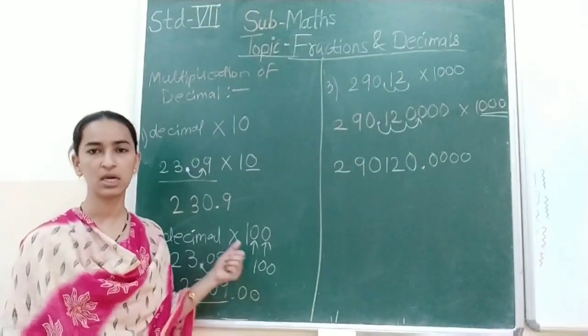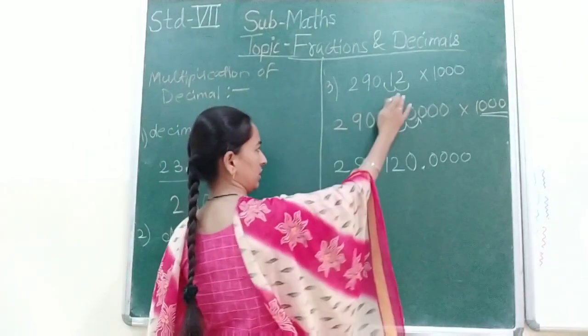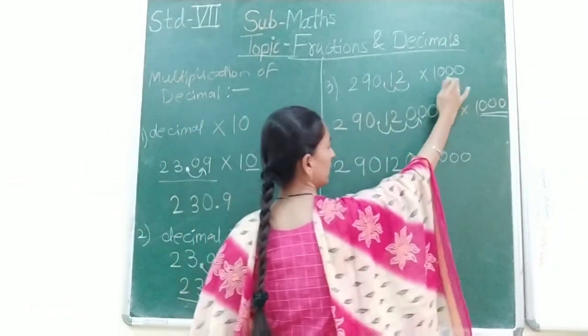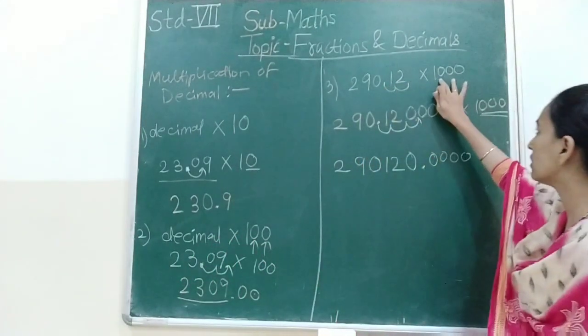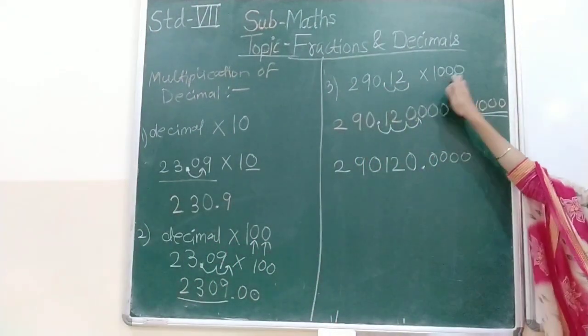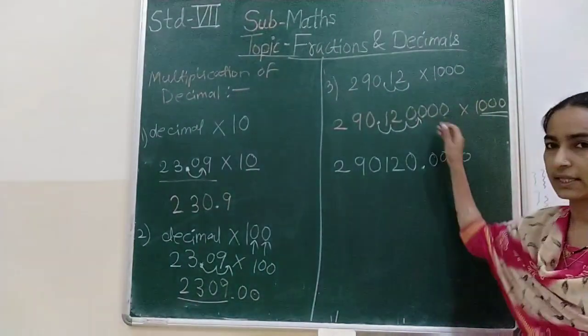Understand this? Yes or no? Okay. If there are only two digits after the decimal, and here the number of zeros is more, you can add 0. Just now I have added like that only.